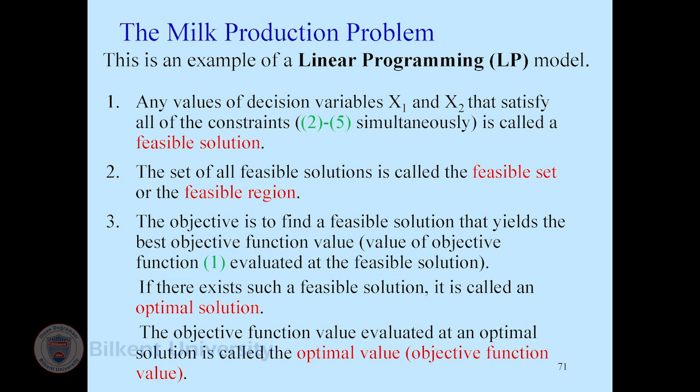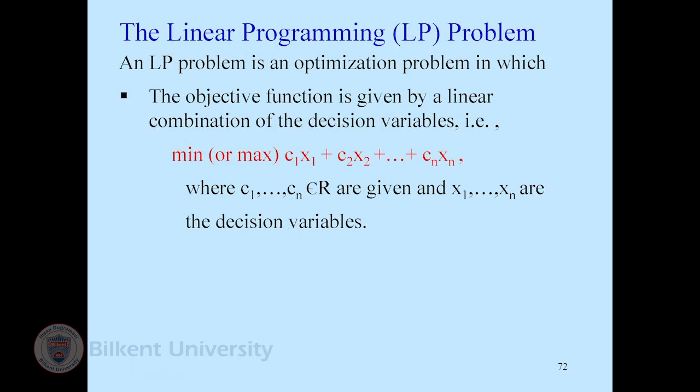Feasible solution, one point that satisfies all the constraints. Feasible set, union of all such points. Optimal solution is the one that gives you the best objective function value based on your performance measure, right? And that's it. 3 definitions: feasible solution, feasible set, optimal solution.